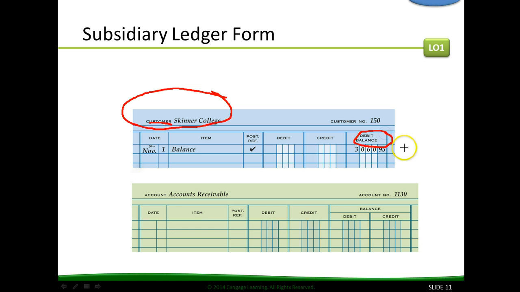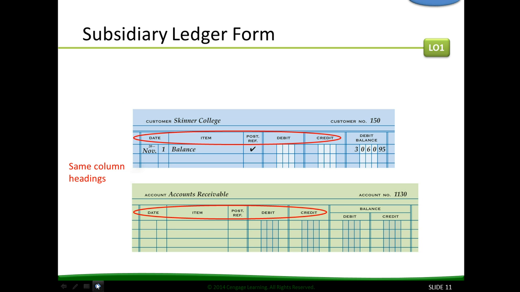You're right. It is a debit balance as is shown here. So if you look at the subsidiary ledger form, you've got your customer name, the number that is given, again, the balance that's through. It is a debit balance. As you notice also, there are the same column headings in both the subsidiary ledger, which is in blue, and the accounts receivable, which is at the bottom.